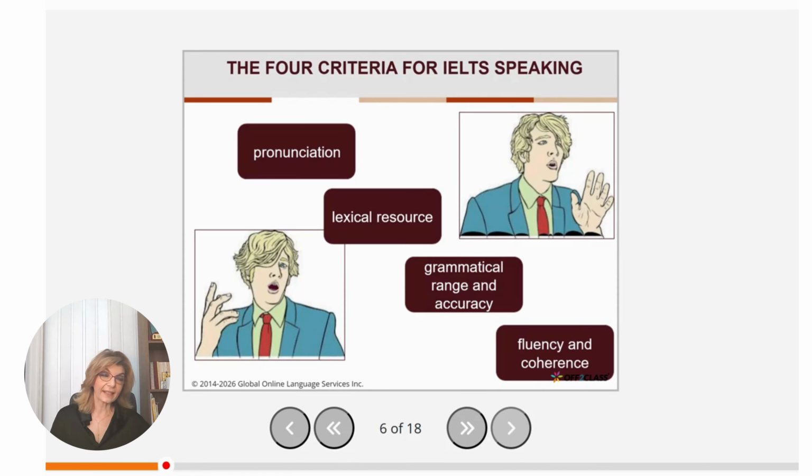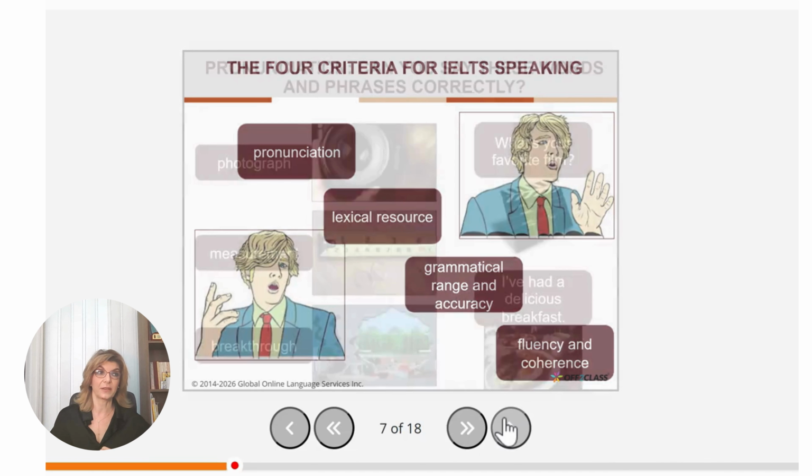So you want to think, if somebody foreign had to speak your language, and they were being tested on your language, what would you listen for? Okay, that's basically these things here. Pronunciation, lexical resource, grammatical range and accuracy, and fluency and coherence.